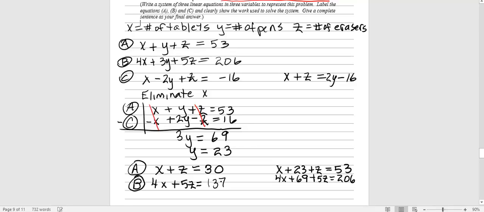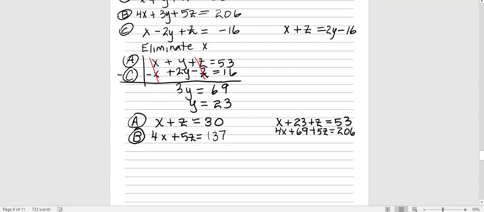So I have a two-variable system. Notice how careful I am to make sure I'm using all three equations. And this is going to allow me to find x and z. I am going to choose to eliminate x first. You could just as well choose to eliminate z first in this two-equation system. So to eliminate x, I need to multiply equation A by -4.